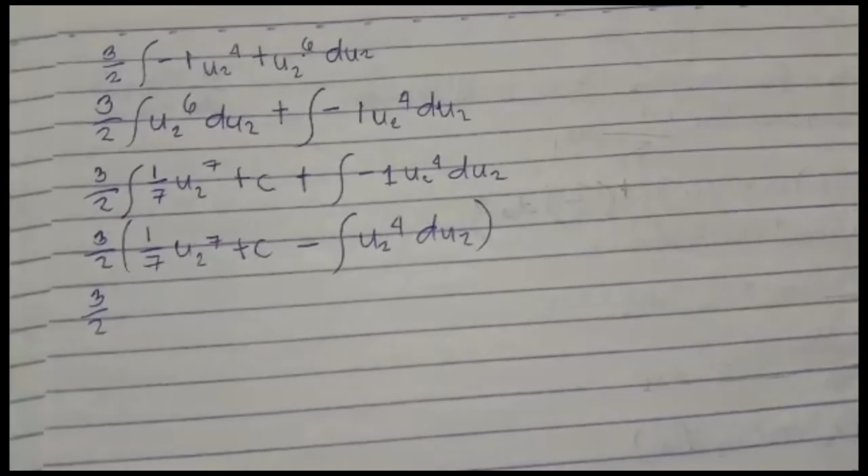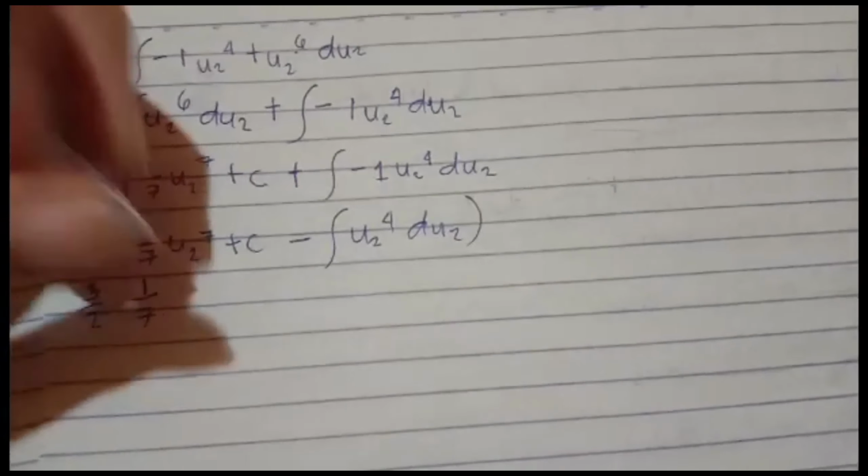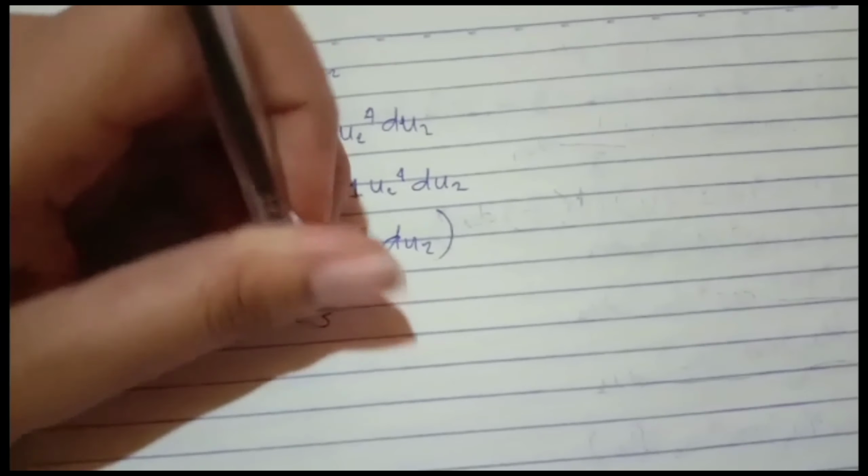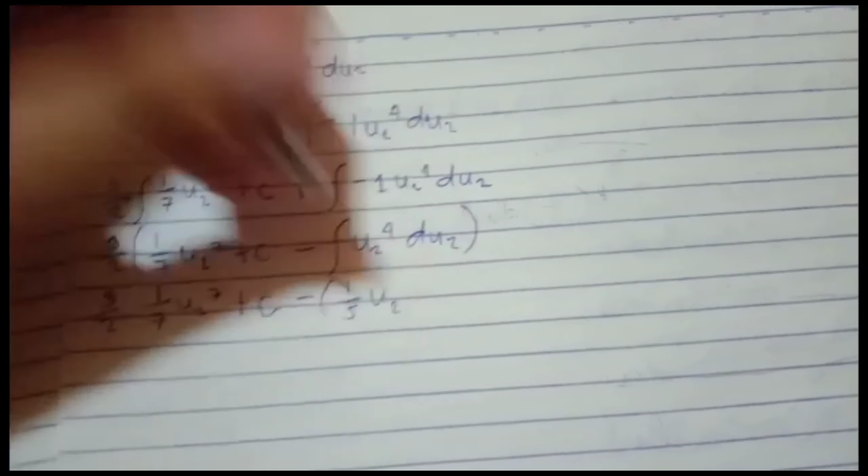So, 3/2 of 1/7 u2 to the 7th power plus C minus 1/5 u2 to the 5th power plus C.